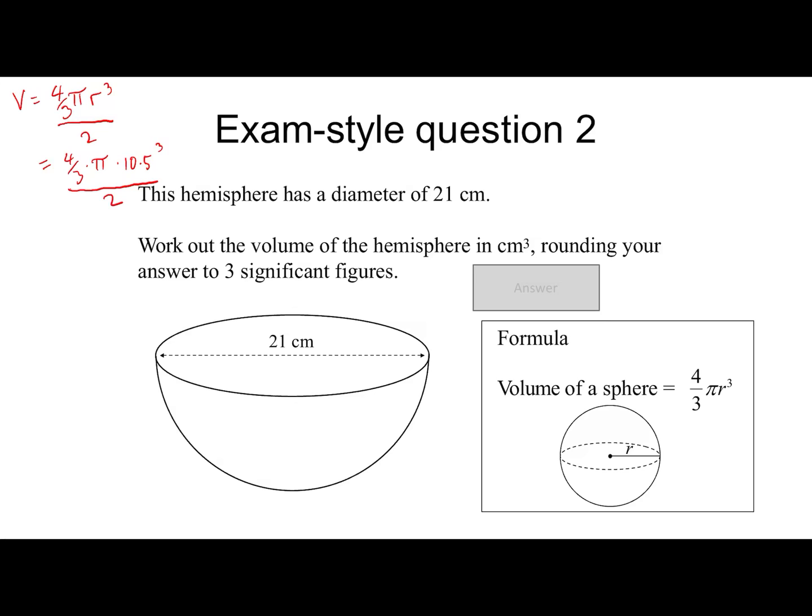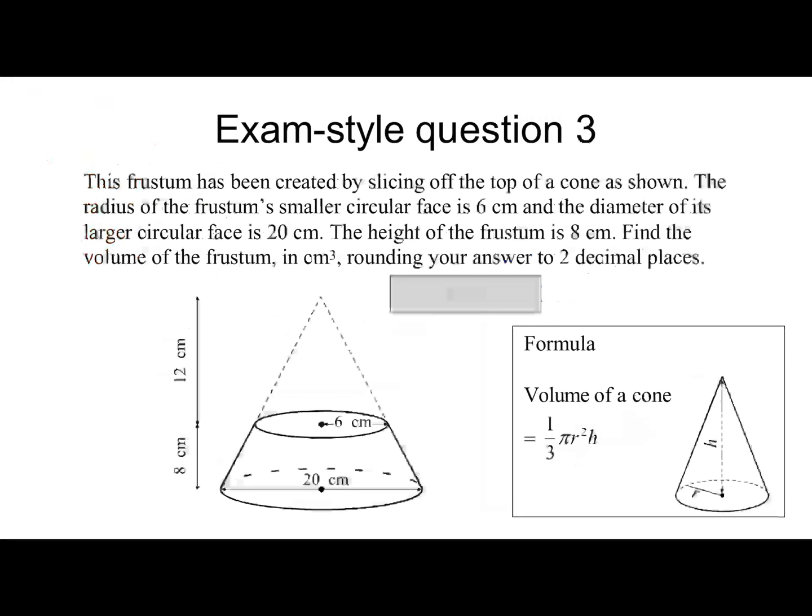That will give us the volume of the hemisphere, and that gives me an answer of 2420 centimetres cubed to three significant figures. Any problems with that, let me know.